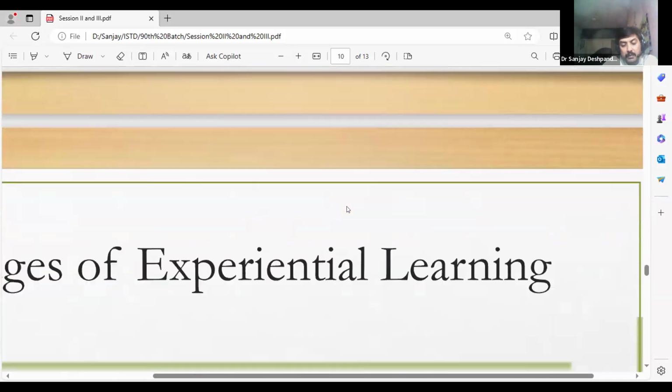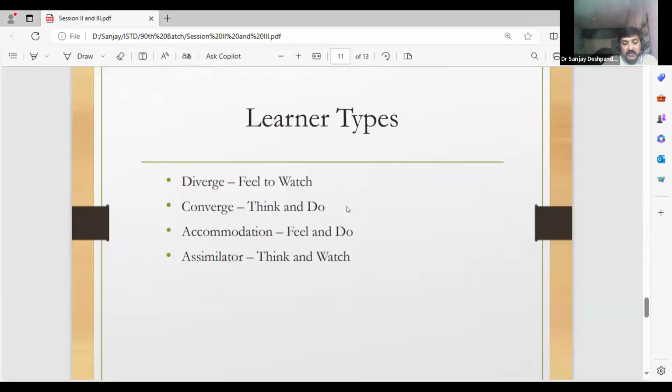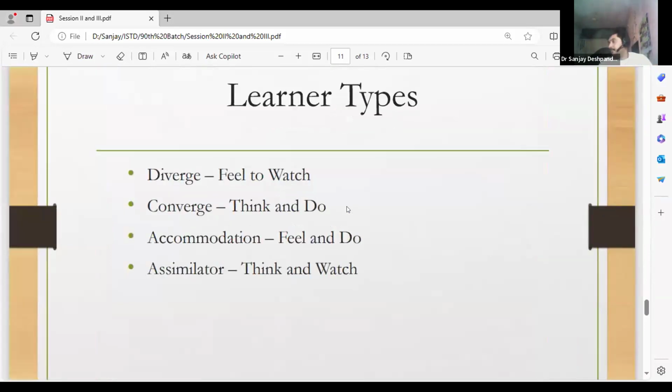Now there were subtypes. You can see in the graph, in the frame, that diverge, converge, accommodate or accommodation, and assimilator were also written. What is the meaning of diverge? Diverge is, you feel to watch, you don't stop there.